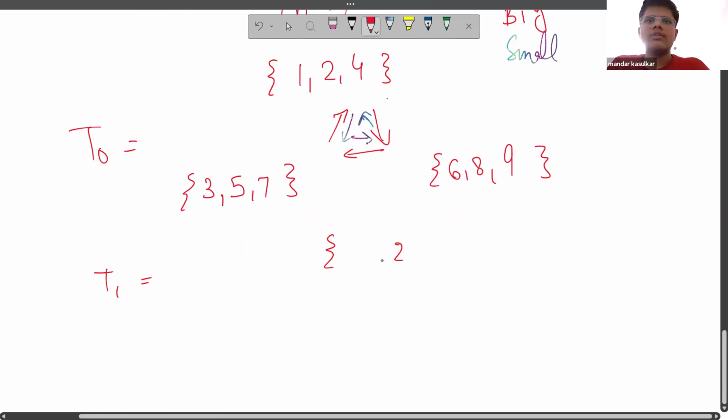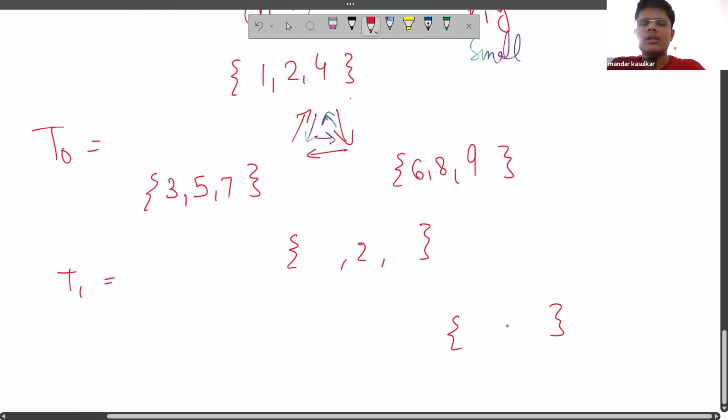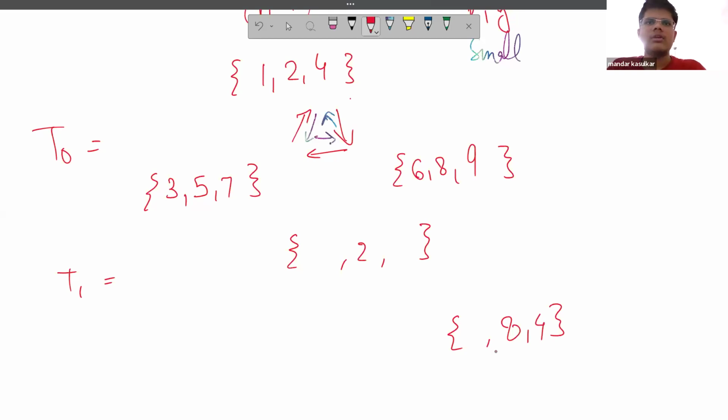So 2 remains at 2. 4 goes here. And 8 remains 8. 9 goes here, right? 5 remains here. 3 comes here. 6 goes there.